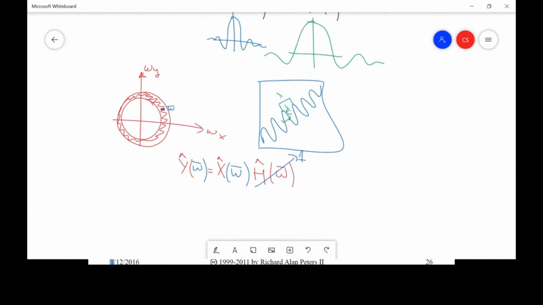What that means is I'm keeping only the coefficients coming from the frequencies within this region. You may remember that these had an amplitude and a phase. The amplitude was how wide this was, and the phase was whether I should shift it to the left or to the right.